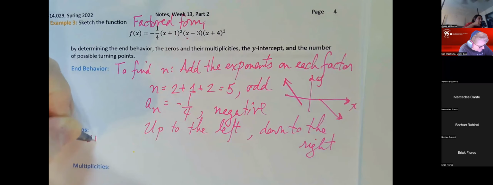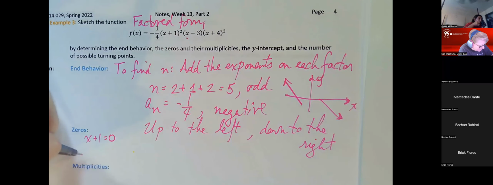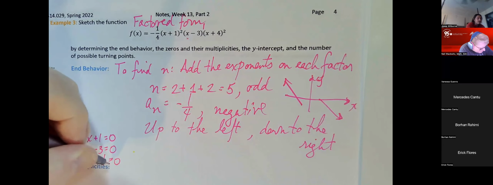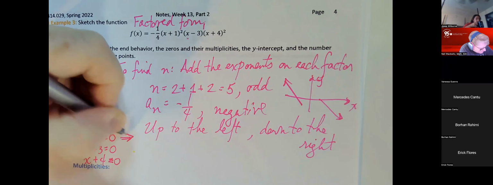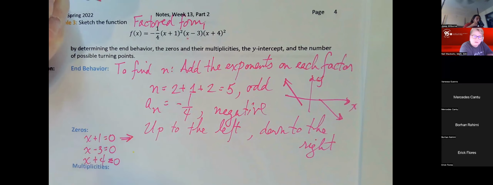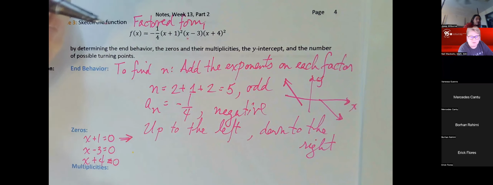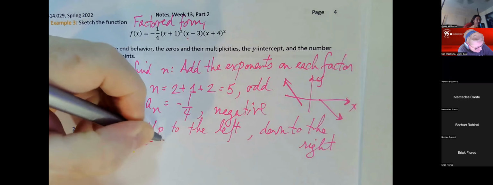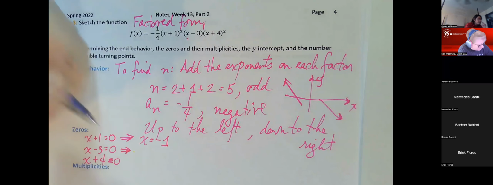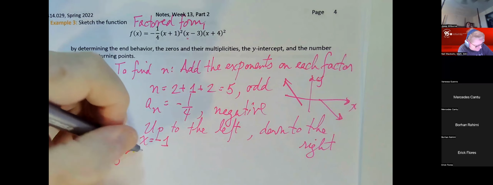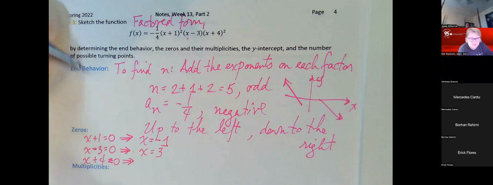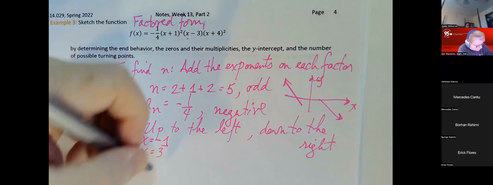So we've got x plus 1 equals 0, x minus 3 equals 0, and x plus 4 equals 0. What do I get if I solve x plus 1 equals 0 for x? -1. And x minus 3 equals 0? A 3. Excellent. And x plus 4 equals 0. -4.